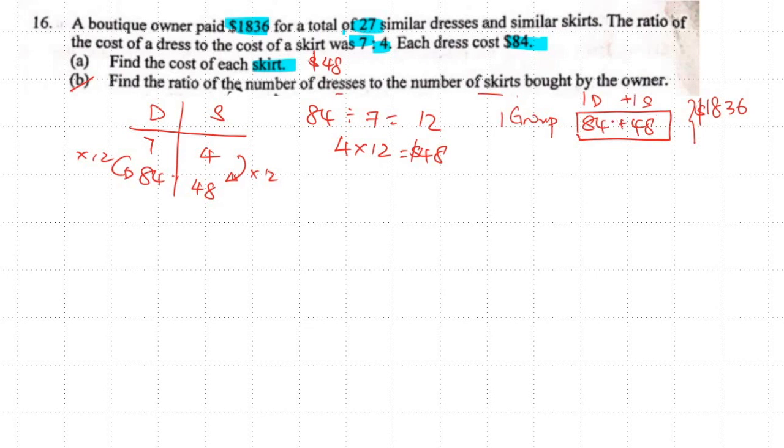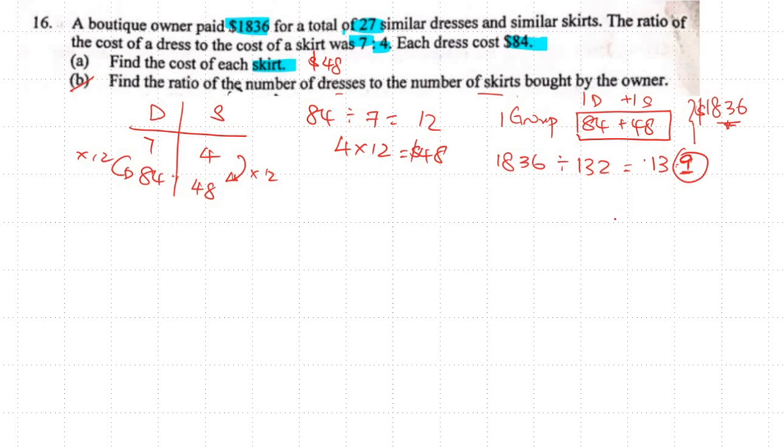Okay, and then for the total cost, we can do a very simple one: 1836 divided by the total cost of this group, which is actually 132. It will give me a decimal, 13 groups and remaining 9.